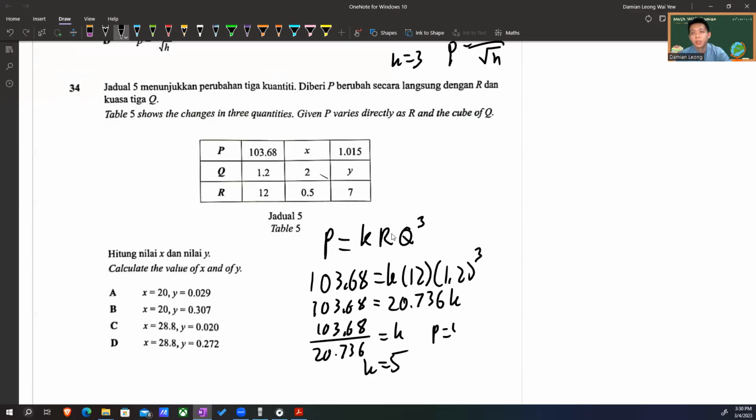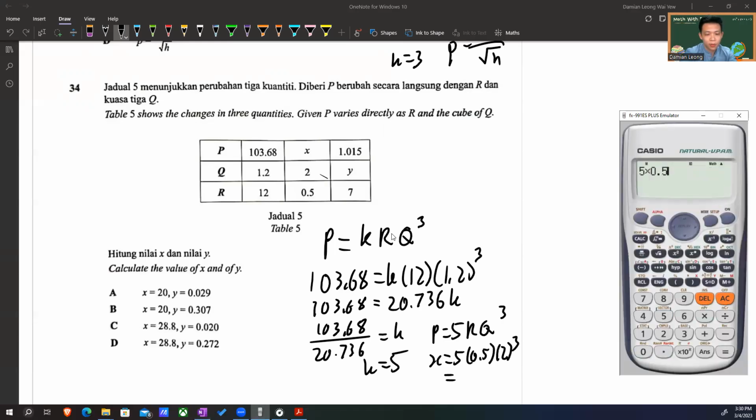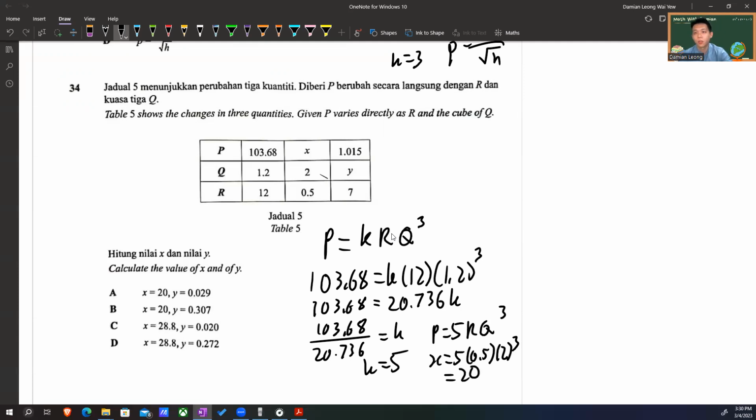So P is 5RQ cube. For the first one, X is 5 times 0.5 times 2 cube, which is 20. So X is 20. And to find Y, sub in the other set of values. 1.015 equals 5 times R, 7, times Q cube, Y cube. 1.015 is 35 Y cube.